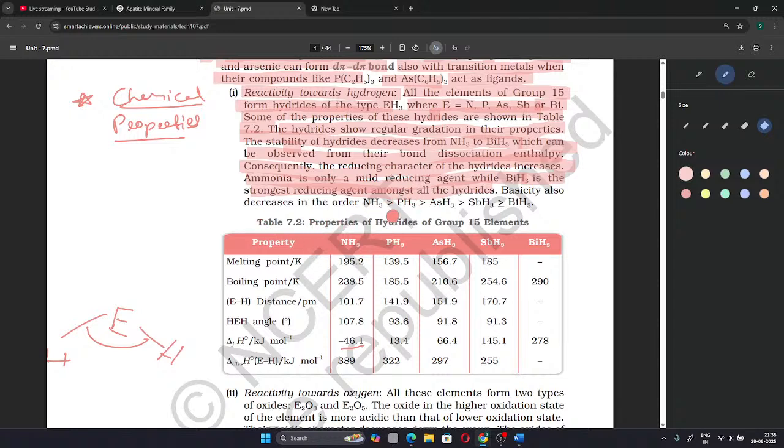Basicity meaning the power to release electrons.